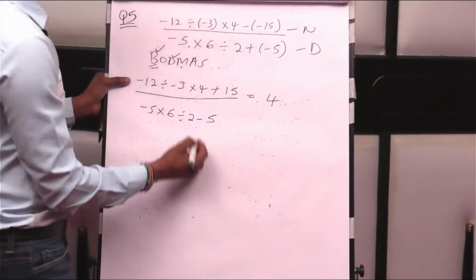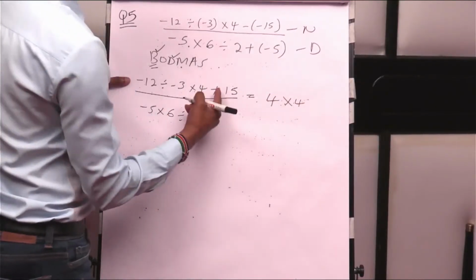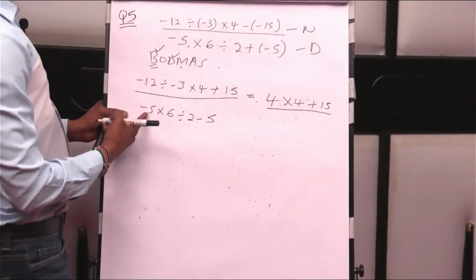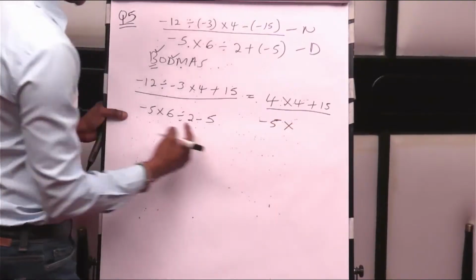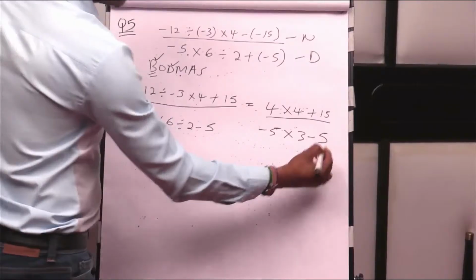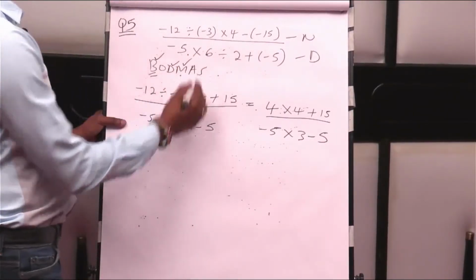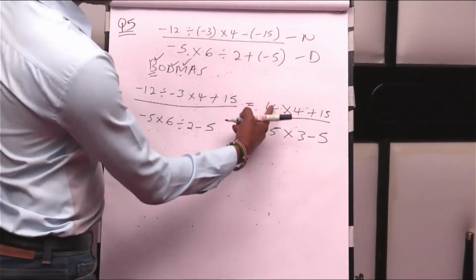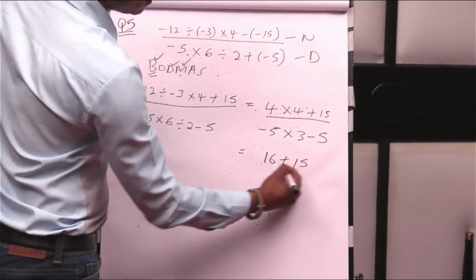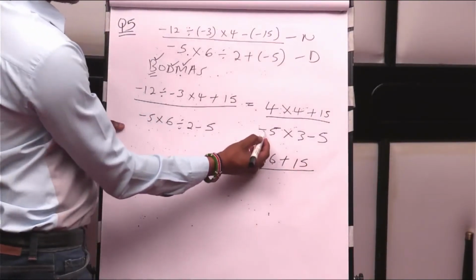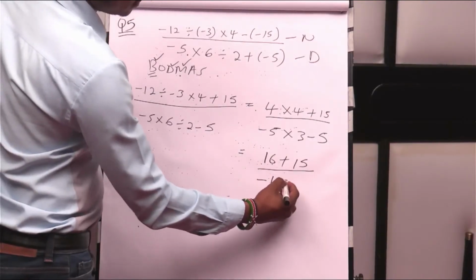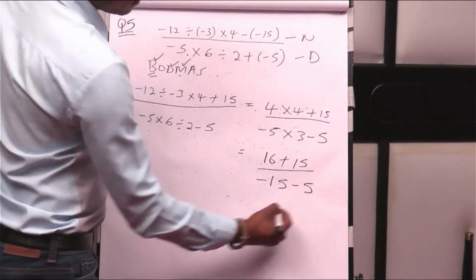So that is 4. Times 4, rewrite it, plus 15. Divide by minus 5 times, then 6 divided by 2 is 3, minus 5. Then after division, go to multiplication. 4 times 4 is 16, then plus 15, divide by minus 5 times 3 becomes minus 15, then minus 5.